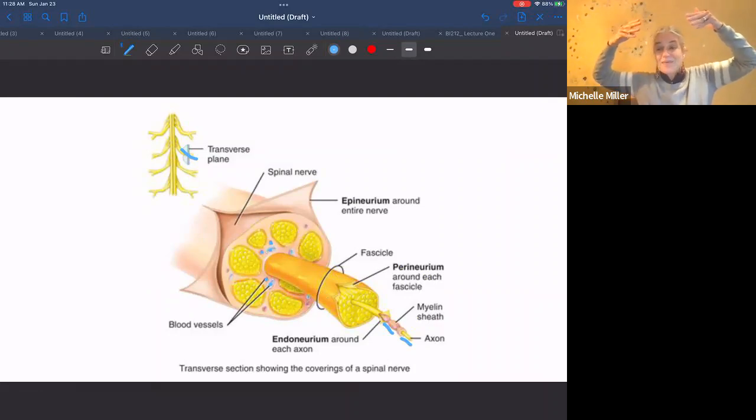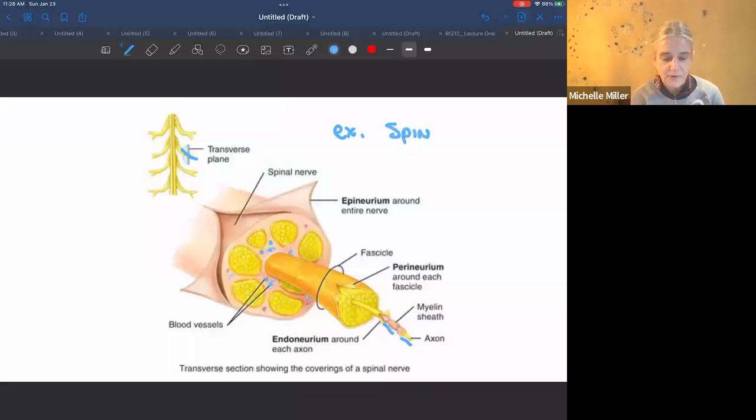It's kind of an extravagant structure, this internetwork of nerves in our body. An example of a nerve that I'm sure you have heard of is the large sciatic nerve. It is actually a branch off of the spinal nerves.